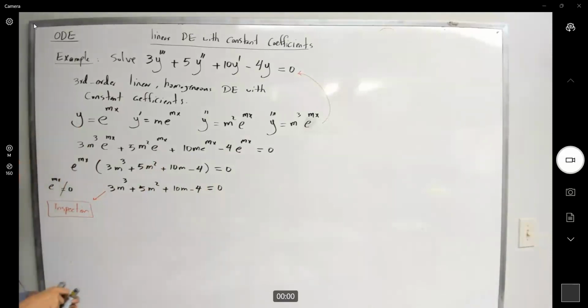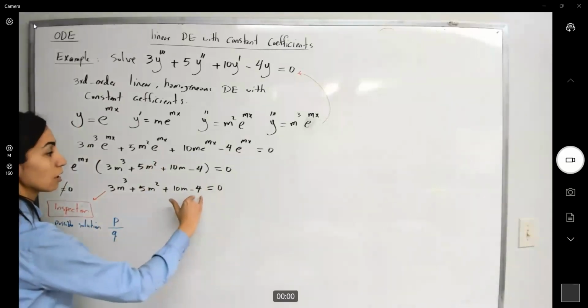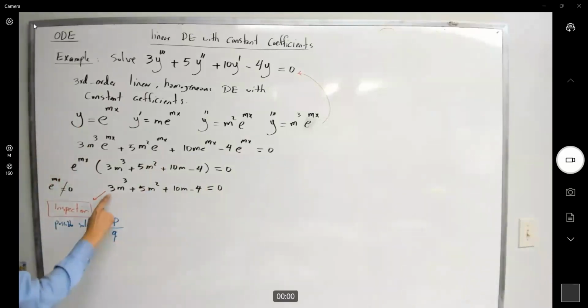Going back to algebra, the possible solution is of the form P over Q. P is related to your constant, and Q is related to the leading coefficient.